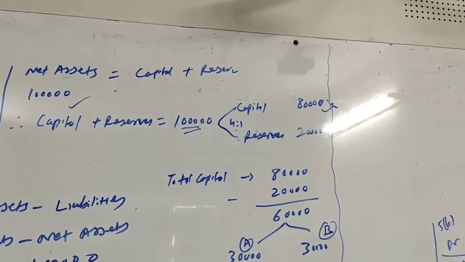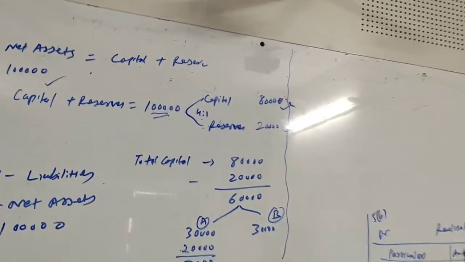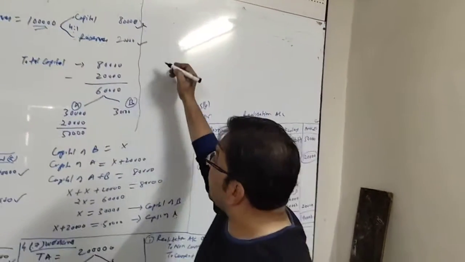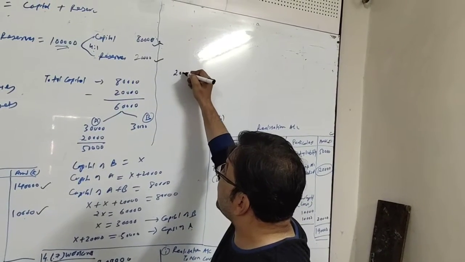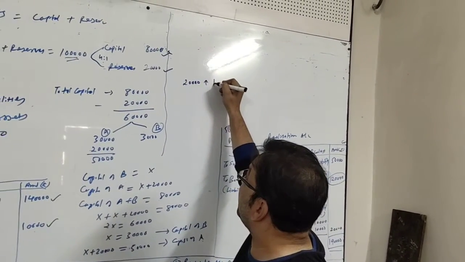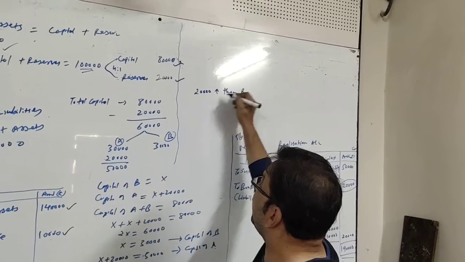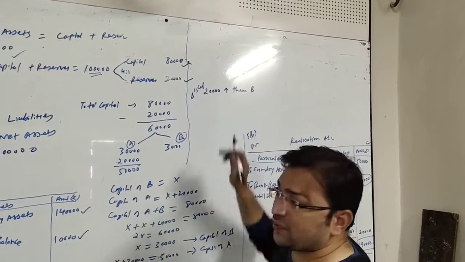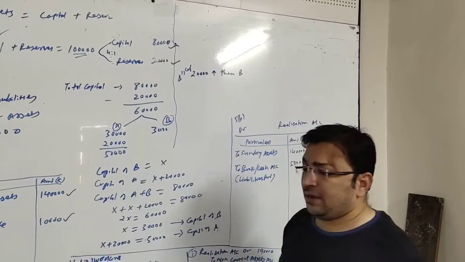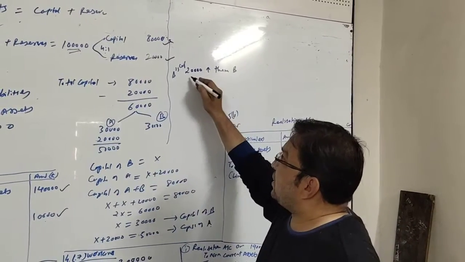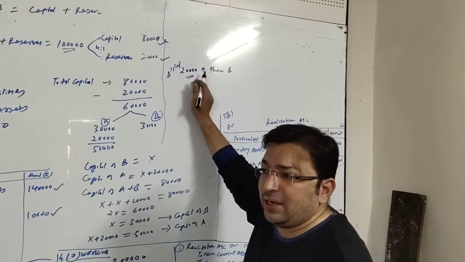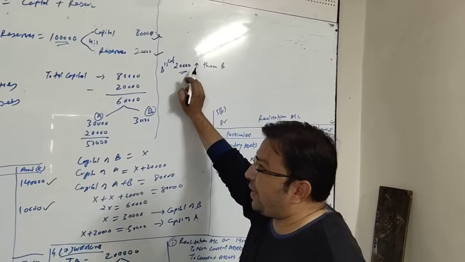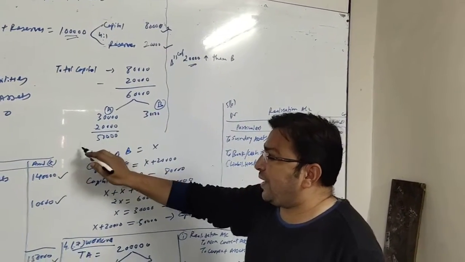Now friends, it is told that the capital of A is 20,000 more than B. On this basis we will calculate the individual capital of both partners. Two ways we can find this.